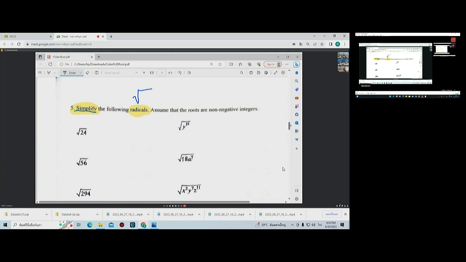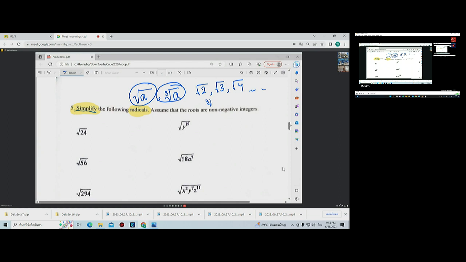For example, root a or cube root of a. So these are all radicals. Understand? For example, root 2, root 3, root 4, all radicals.